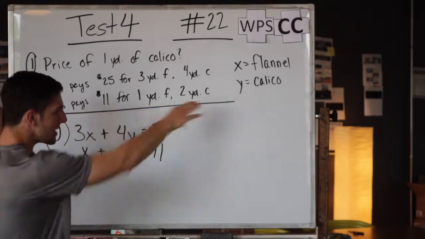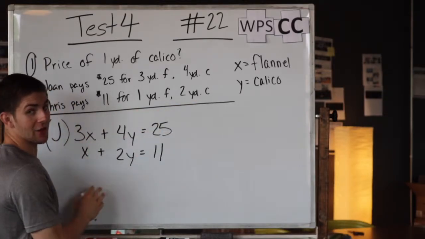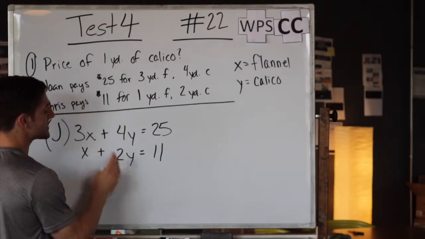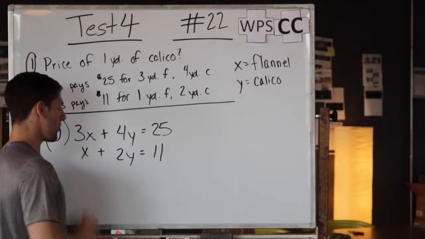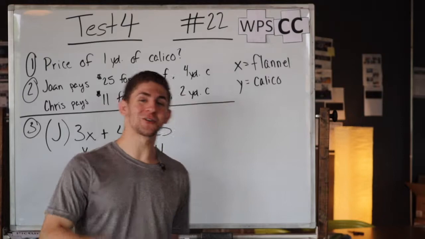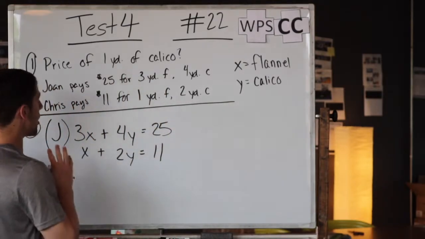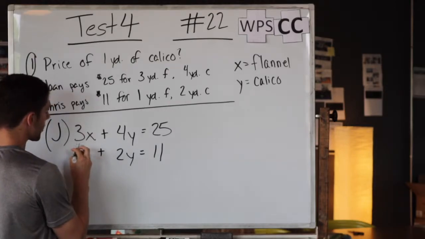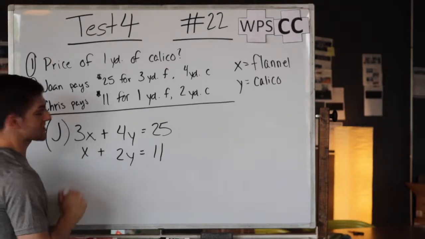Now, if Y is the variable that represents the calico fabric, we need to get this Y variable by itself. We might ask the question, Colin, how do I get the Y variable by itself? Well, here's what we're going to do. We're going to have to make these X variables disappear.